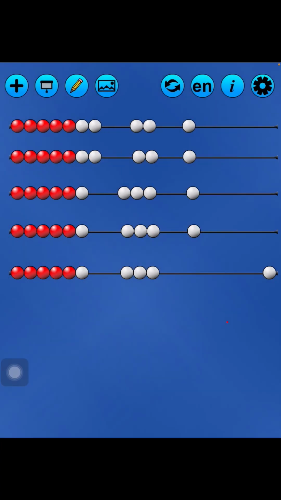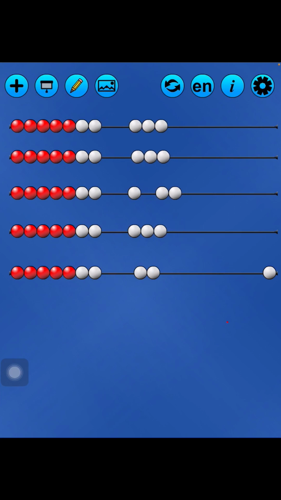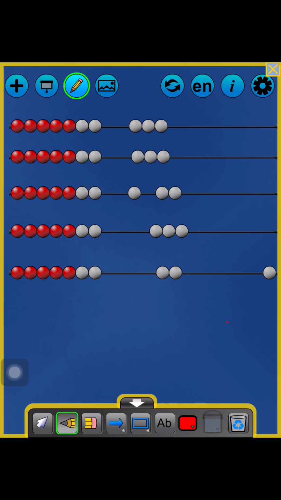Now let's try it if each boy gets 7 candies. Now there's 1 boy, 2, 3, 4, 5, 6, and lastly 2 plus 3 plus 2 also equals 7.